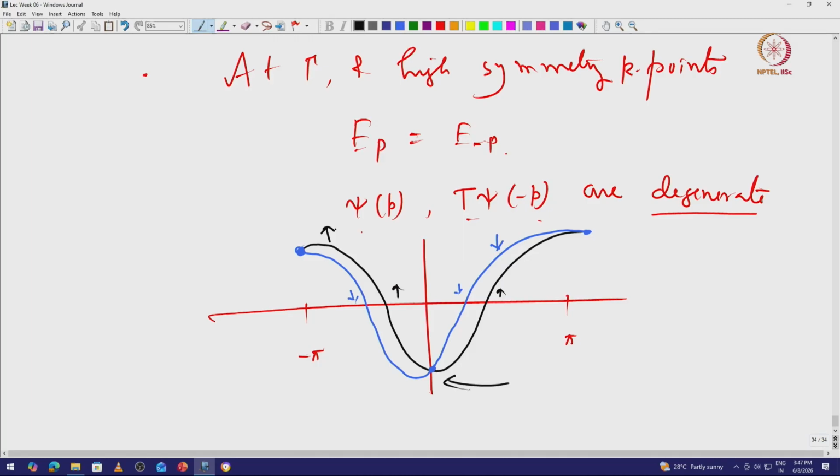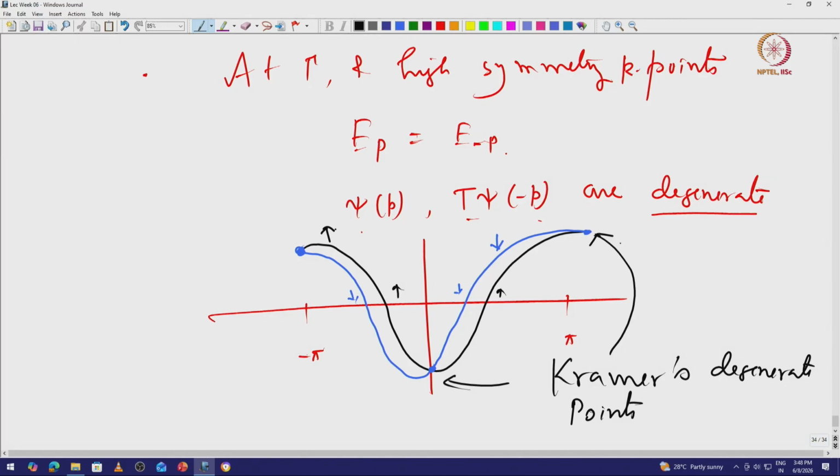So, these points are called Kramers degenerate points, okay.